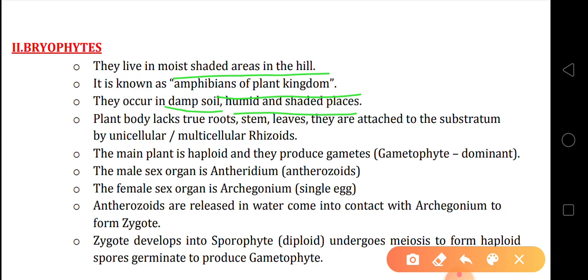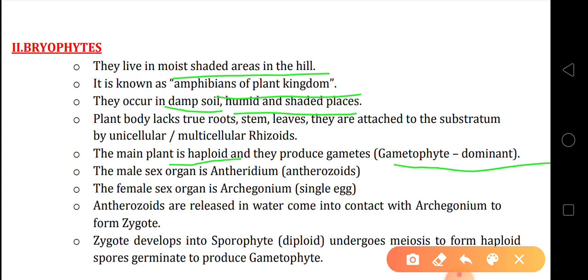The main plant body in bryophytes is haploid. Haploid, that is n. So the main plant body is haploid, and it produces gametes, so it is the gametophyte. The gametophyte is the main plant body in bryophytes and it is the dominant phase.